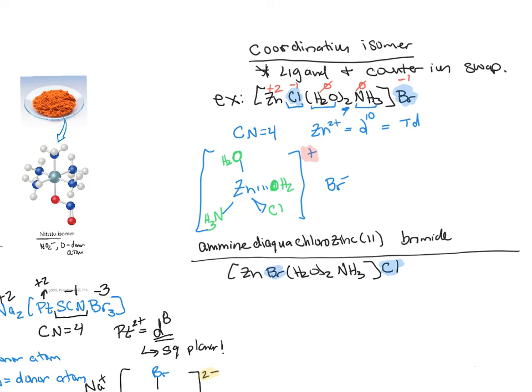To draw this structure, I will have zinc in the center. Still my tetrahedral arrangement because I haven't changed anything. Plus charge, my Cl minus, my chloride counter ion. And now I'm going to have bromide, and everything else will stay the same.